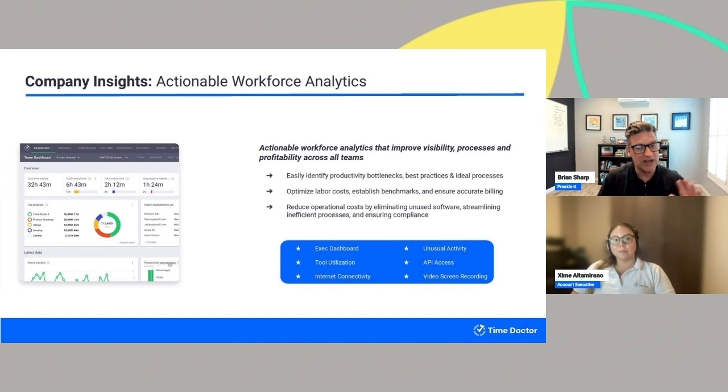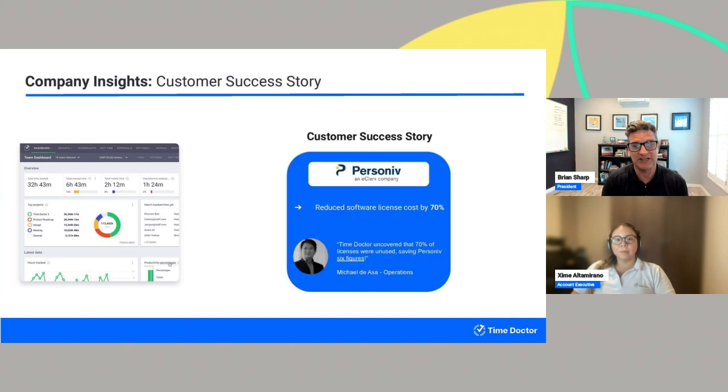And that can range everything from just improving process and unlocking bottlenecks to an example like we see with our customer at Persona, where they actually reduced the software license cost by 70%. So by watching how their teams were working, they saw that they were not using some of the software, and we know that can be expensive in a company that size, and they saved six figures just by putting Time Doctor in place to monitor that.